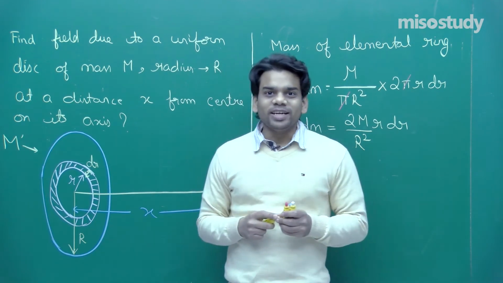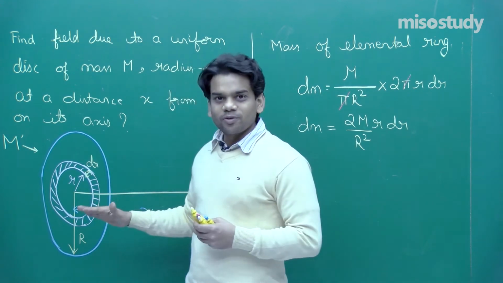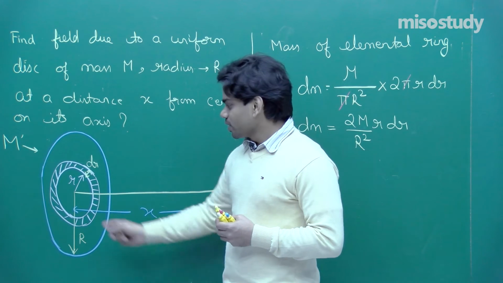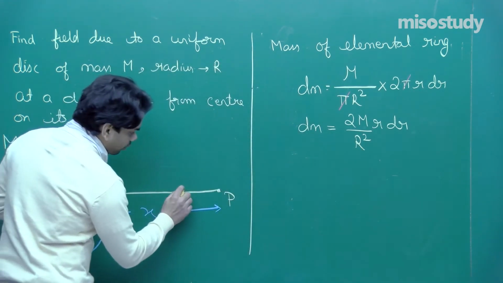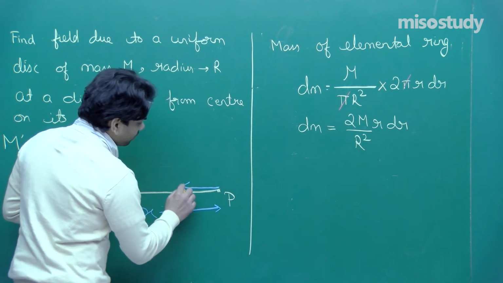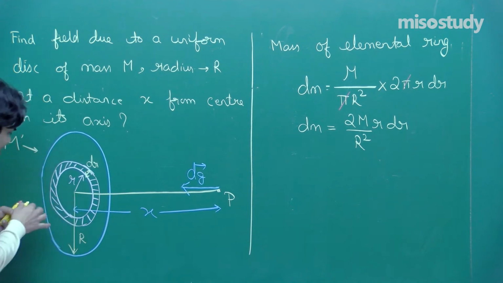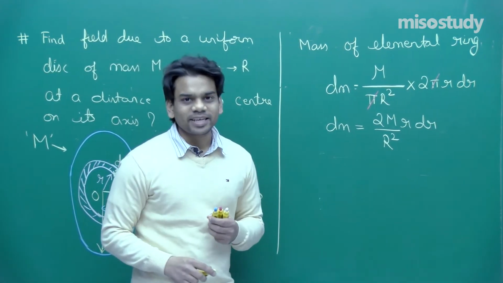The direction of the field will be towards the center of the ring. You already know the direction of the field due to a ring is always towards the center of the ring. So here the direction will be oriented as shown, and this O is the center of this ring or disk.